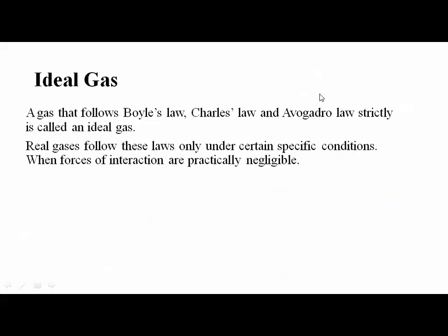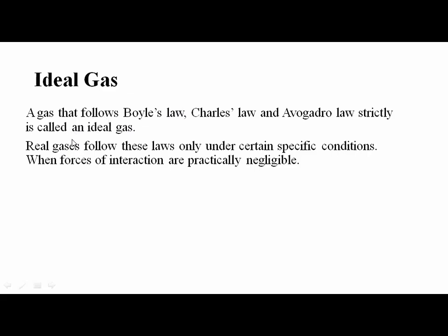Okay, then the ideal gas equation. What do we mean by ideal gas? Ideal gas never exists. A gas that follows Boyle's law, Charles' law, and Avogadro's law strictly is called an ideal gas. Real gases, the gases that exist in nature, are not ideal gases.